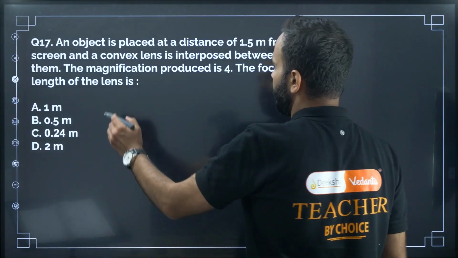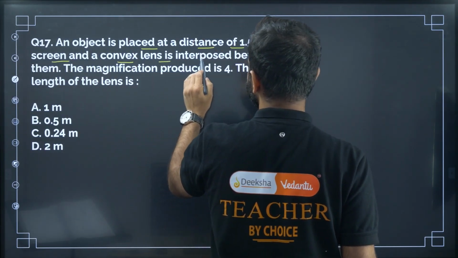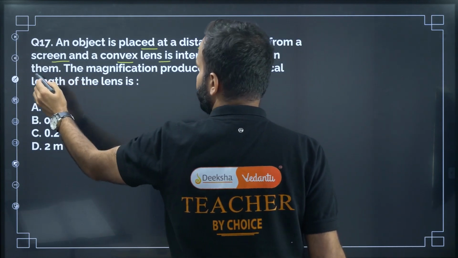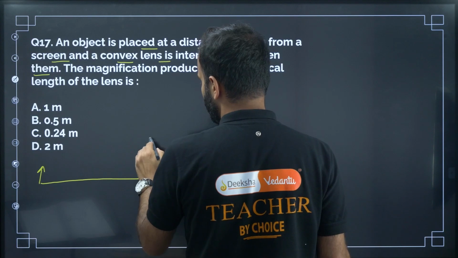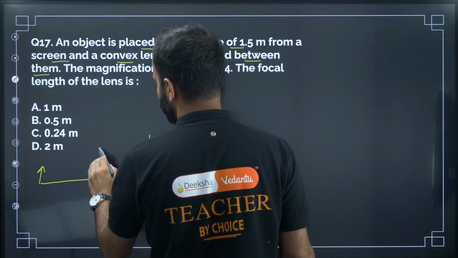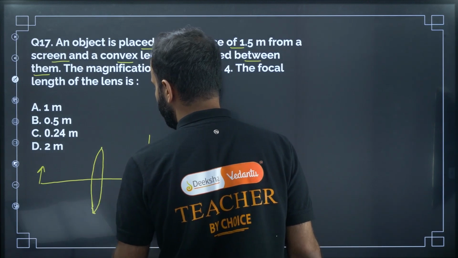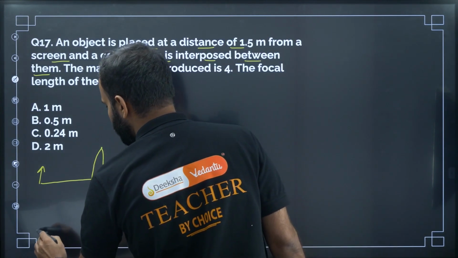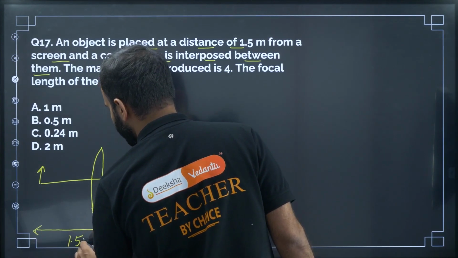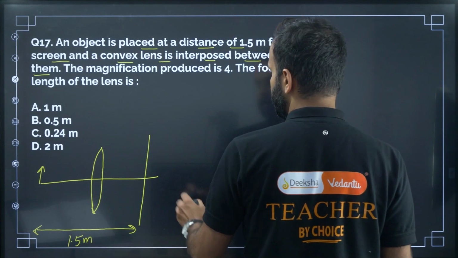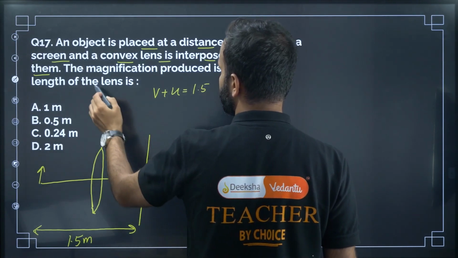Question number 17. An object is placed at a distance of 1.5 meter from a screen and a convex lens is interposed between them. So this is the object, this is the screen, and the convex lens is placed between them. The distance between the object and the screen is 1.5 meter, that is v plus u is equal to 1.5 meter.